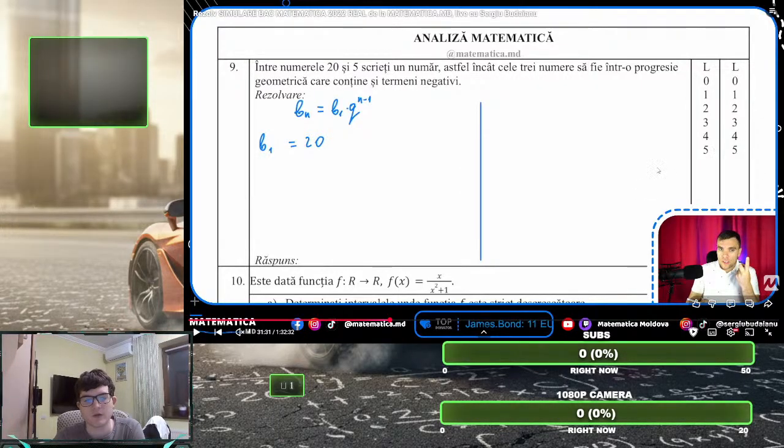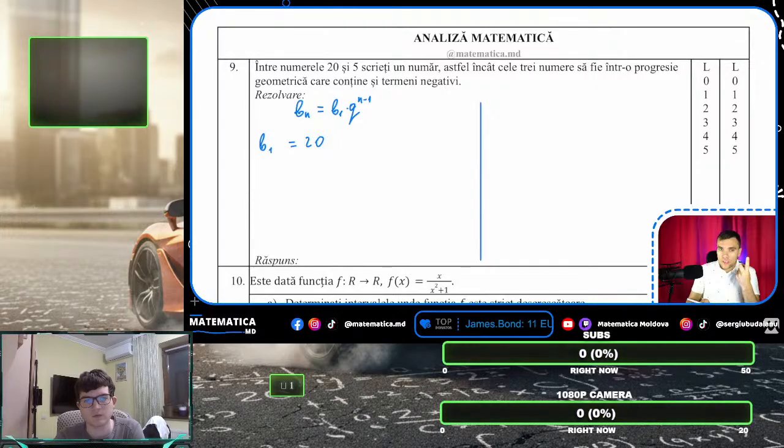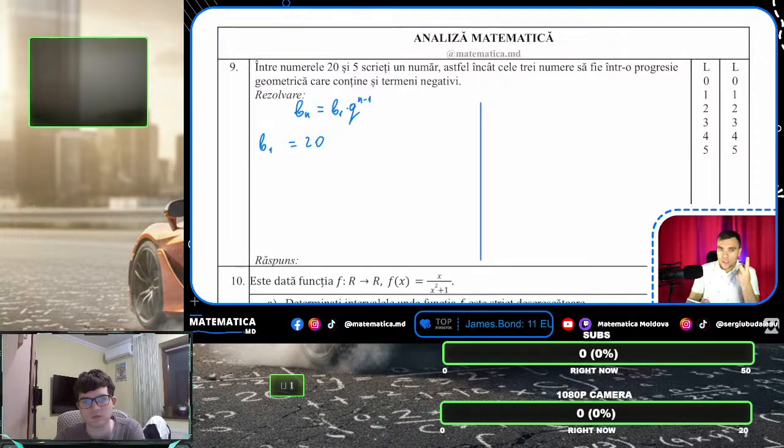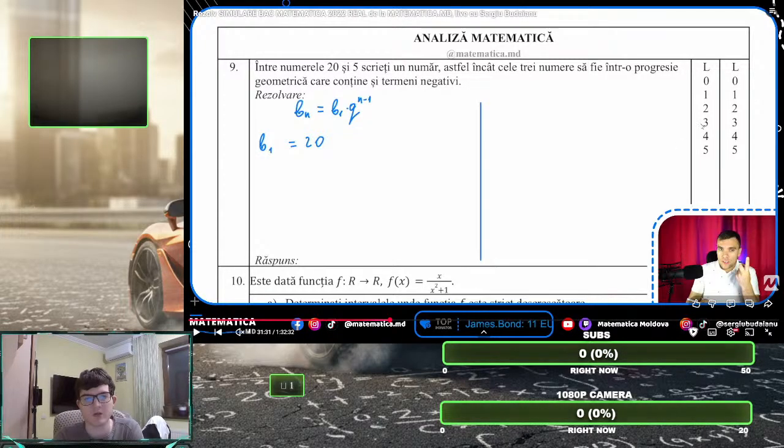Essentially, between 20 and 5, write numbers so that the 3 numbers will be in a progression that also contains negative terms. I've seen this type for the first time, for example. What is this, man?